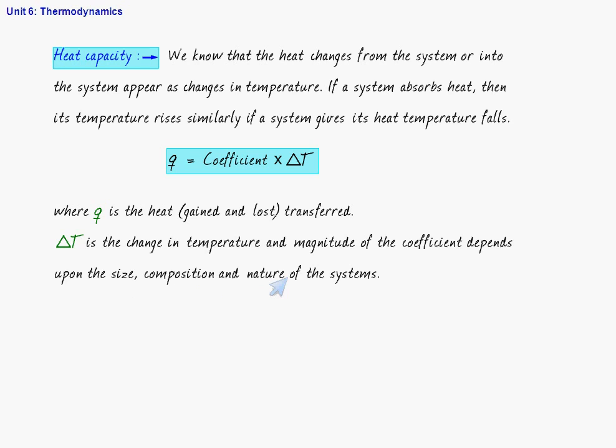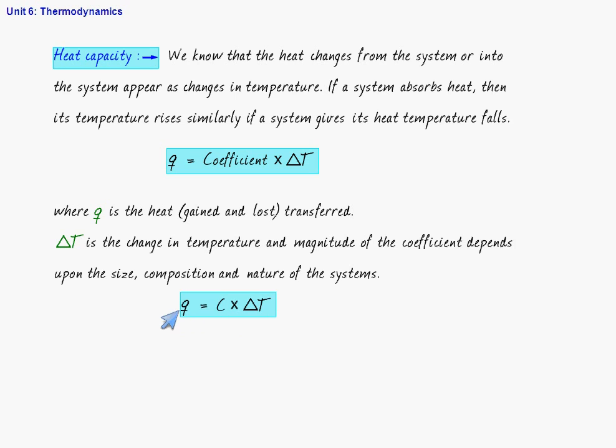Now this same relationship can also be written as Q is equal to C multiplied by delta T.